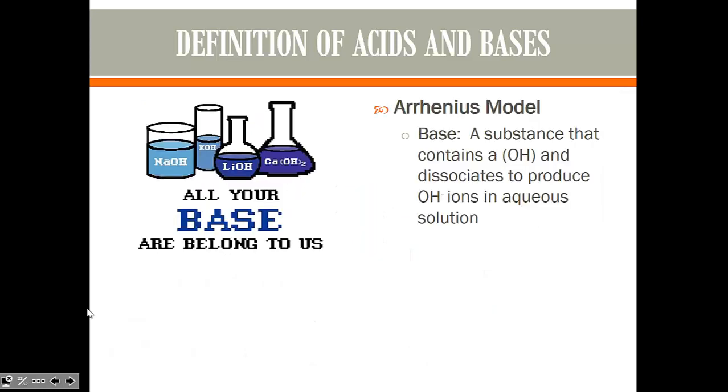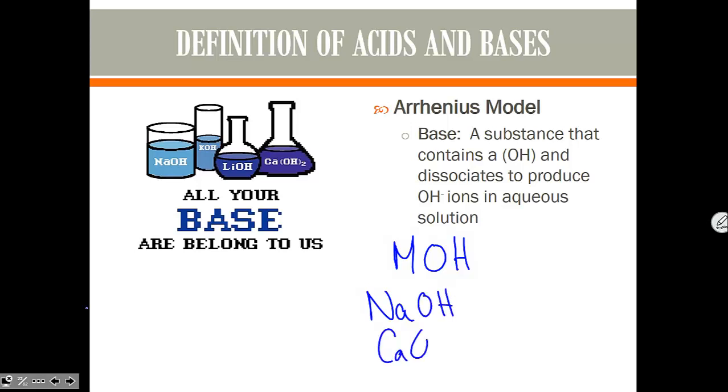Arrhenius said that a base is anything that ionizes to produce hydroxide. So the definition we had been using, that a base is some metal ion and a hydroxide, encompasses things like sodium hydroxide or calcium hydroxide, or transition metals like chromium(IV) hydroxide, all of which are bases according to Arrhenius.